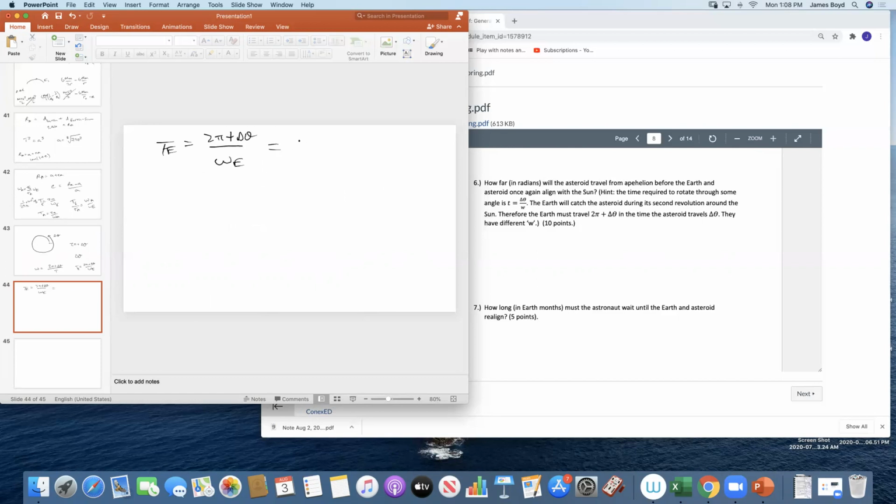That's equal to the time for the asteroid to go delta theta over omega of the asteroid.